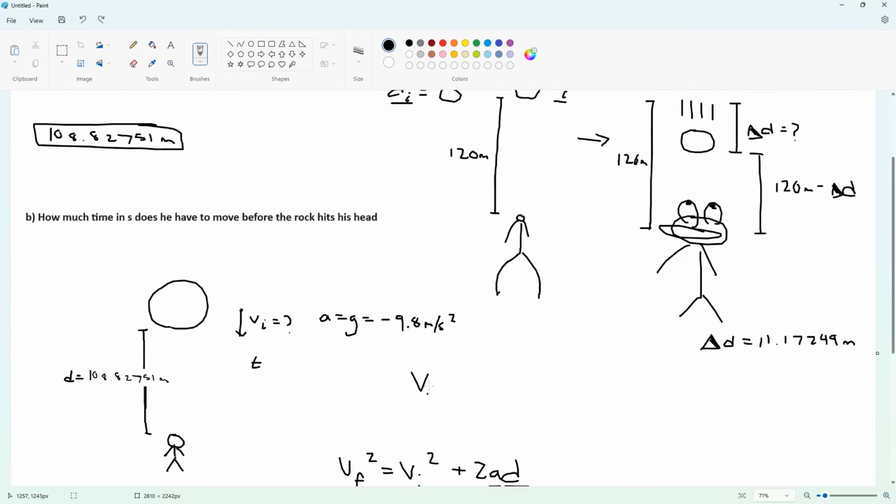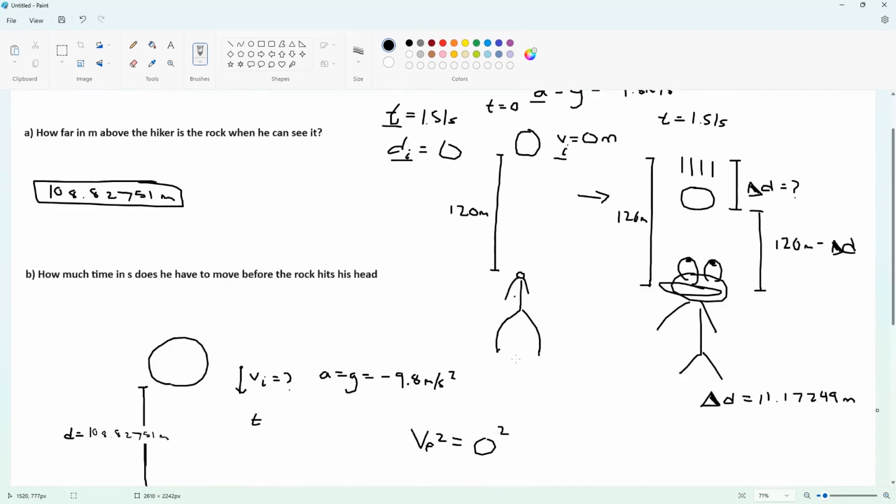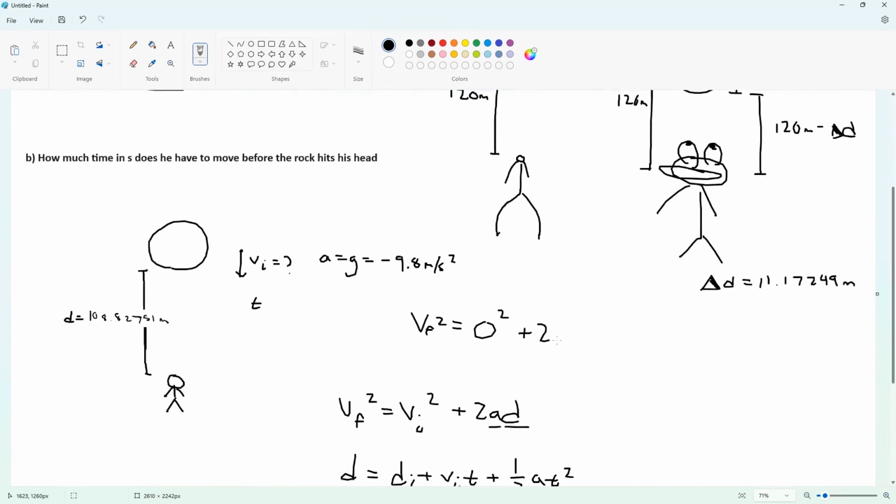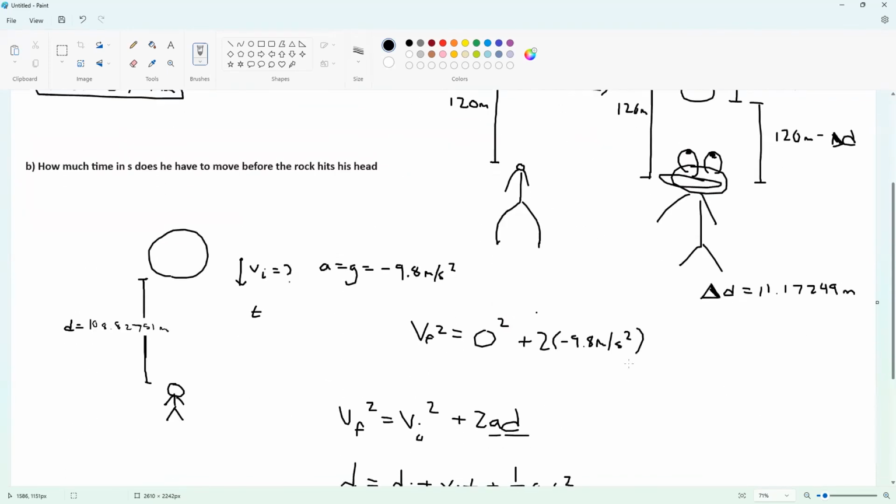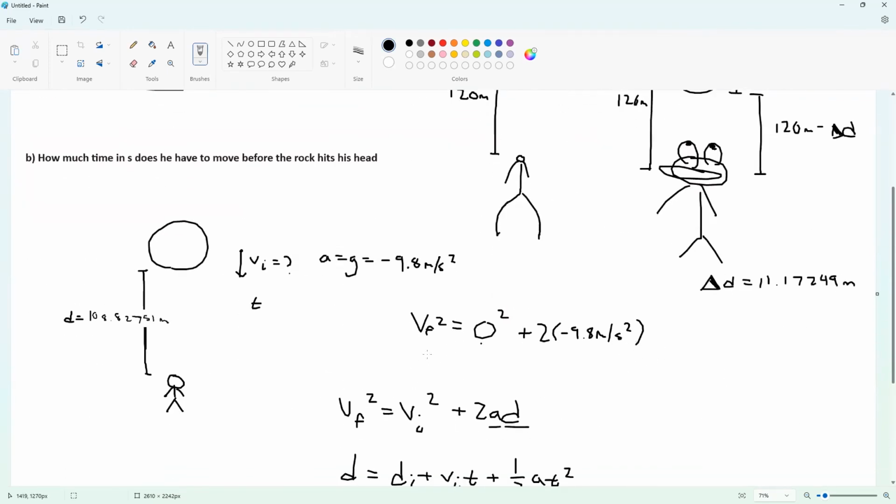All right, so our velocity final squared. Do we have our initial velocity? The initial velocity in this case is going to be 0 squared plus 2 times the acceleration, which is negative 9.8 meters per second squared, over the distance that it falls.